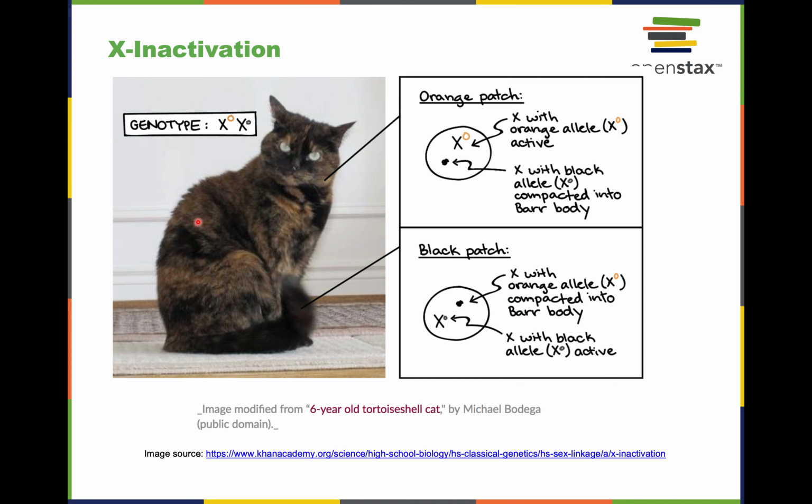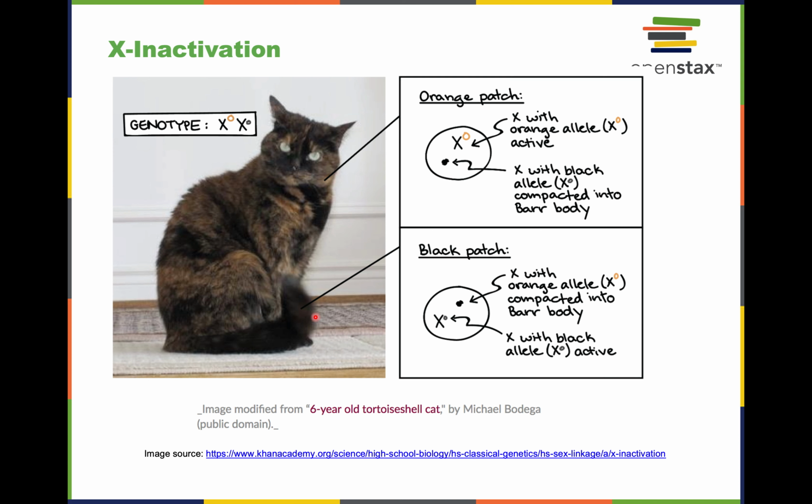An interesting manifestation of that is in tortoiseshell cats. The gene that determines the color of the fur in these cats sits on the X chromosome. Now, all of this cat's cells have both of its X chromosomes, but randomly one of these X chromosomes will become inactivated. So in the parts of the cat where the orange color is presented, the X chromosome that carries the black gene for fur color is inactivated.